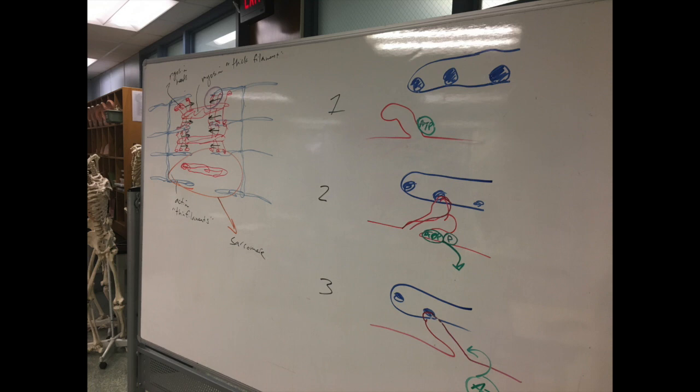Now here's the kicker. He's going to stay stuck to that binding site until something happens. What do you think that is? A reversal. So this is a cycle. What's the difference between this and this? ATP. So in order for that guy to let go, a molecule of ATP has to come in and bind to it right here.